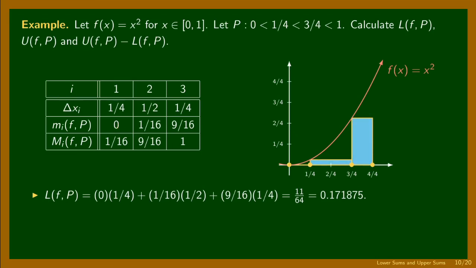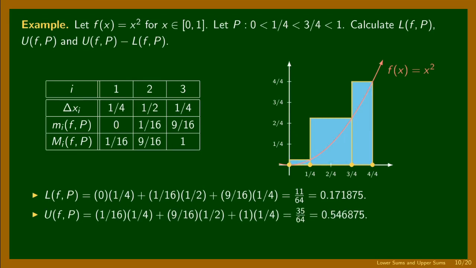For the upper sum, this time we use the big Mi instead of the little mi. 1/16 times 1/4, 9/16 times 1/2, 1 times 1/4.